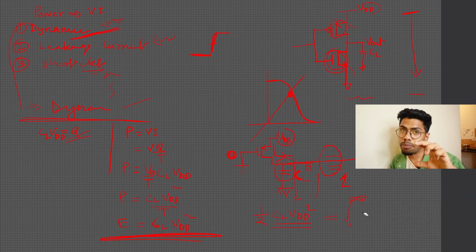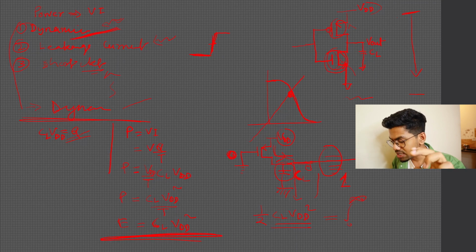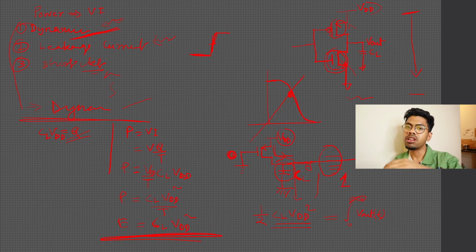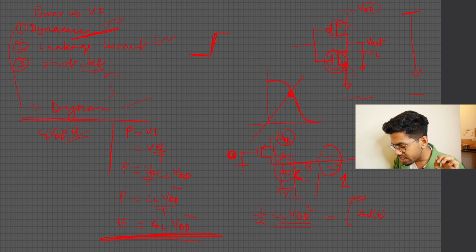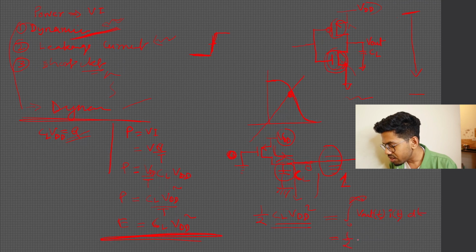So here it would be the voltage across your capacitance, which is your V out, which is dependent on T, because as time increases, V out will also keep on increasing. Then your current flow, which is also a function of time, because current flow will come down as our capacitance charges, and dt. And if you do this integration, then you can easily find this out.